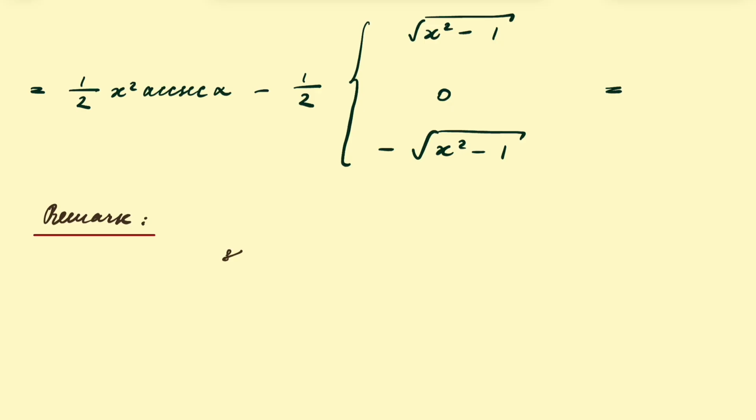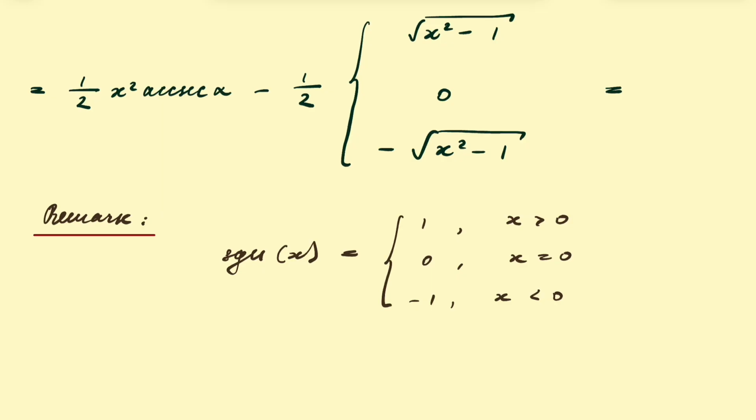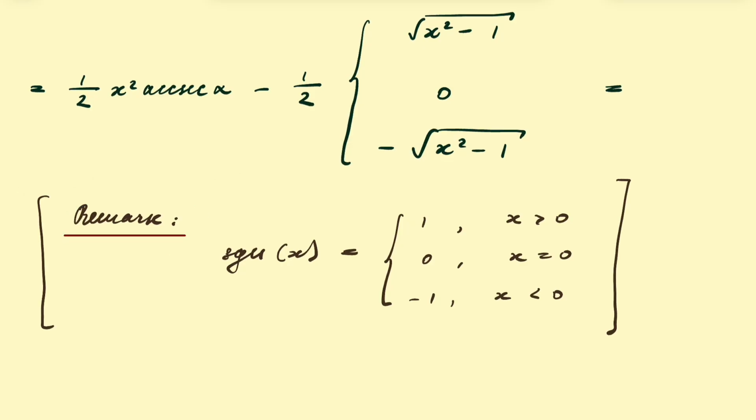It's written as follows: sign of x is equal to 1 for x greater than 0, 0 for x equal to 0, and minus 1 for x less than 0. In short, it just determines the sign of the given value. Well, as you can see, now we can write our result using a sign function.